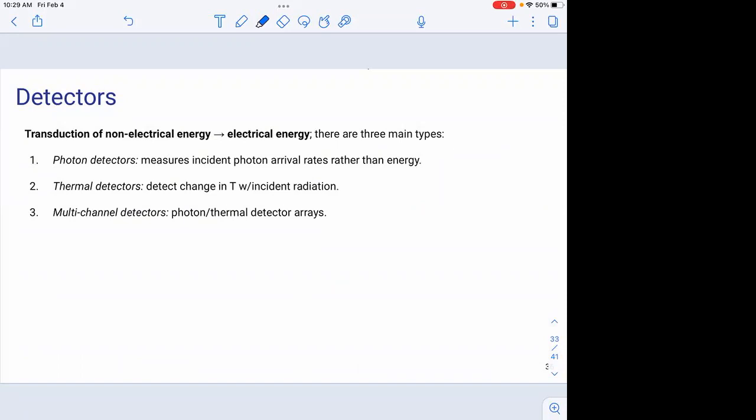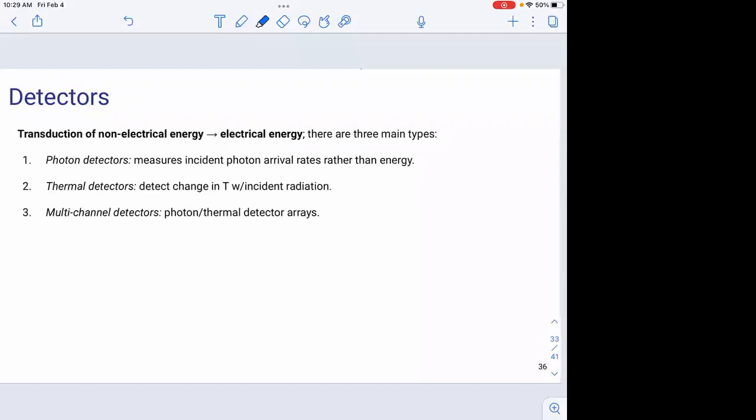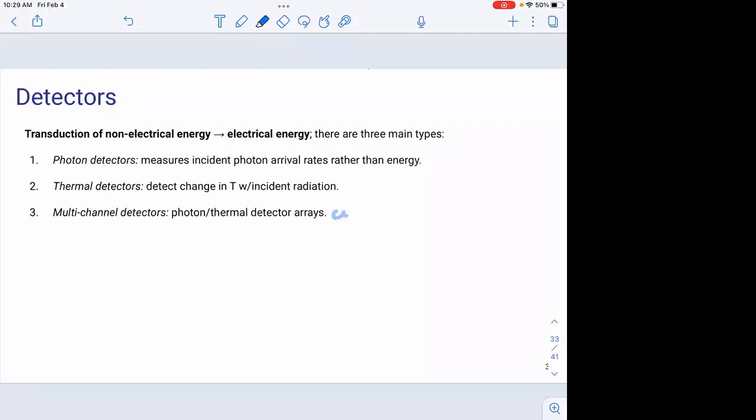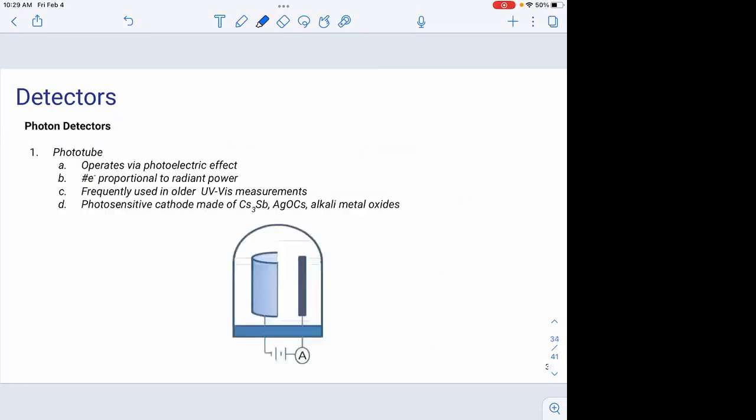Thermal detectors detect a change in temperature with incident radiation. And then multi-channel detectors are photon or thermal detector arrays. So when we talk about CCD cameras, this is an array configuration. Okay. All right, so let's talk about each.